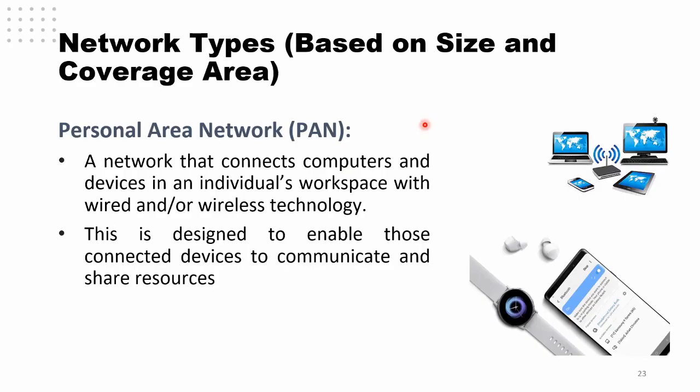It covers only a small size and coverage area. It's like when you connect your phone and the laptop with a Bluetooth connection or your home Wi-Fi. Something like that we can take as a personal area network. This is designed to enable those connected devices to communicate and share resources within that smaller area.